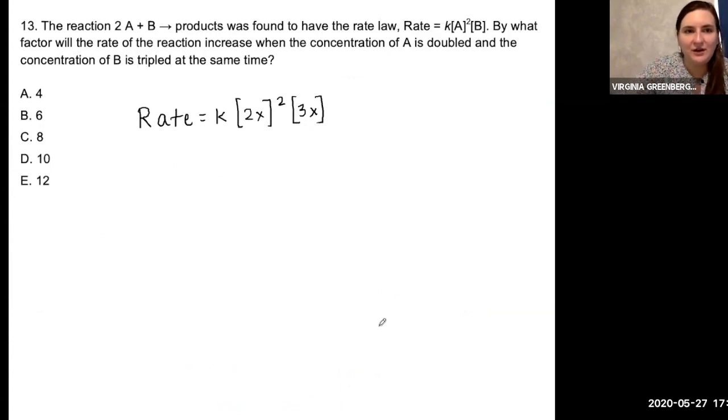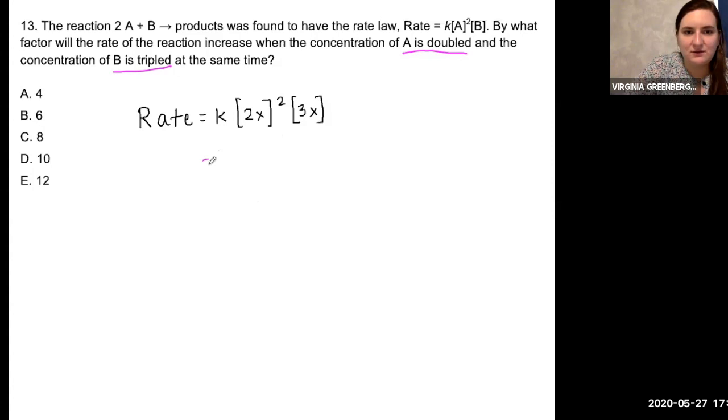Okay, here we have some reaction and they give us the rate law. It happens to match the stoichiometry of the reaction, but won't necessarily. And they're asking us how the rate will change if we double A and triple B. So what I've done here is I've taken the rate law and I've just plugged in how they would change. So like 2 times and 3 times.